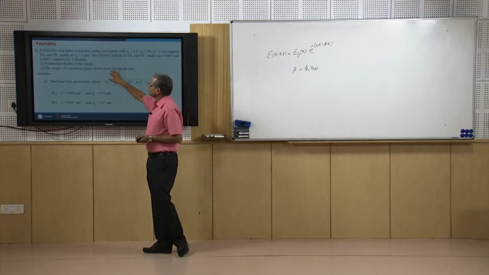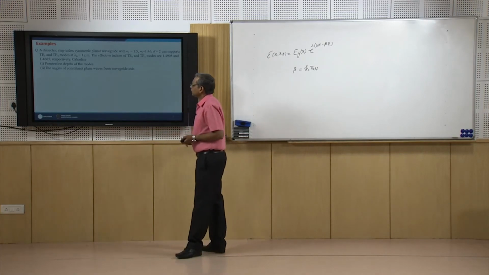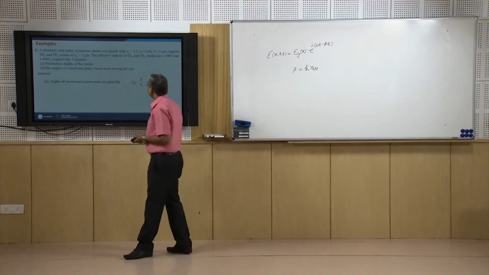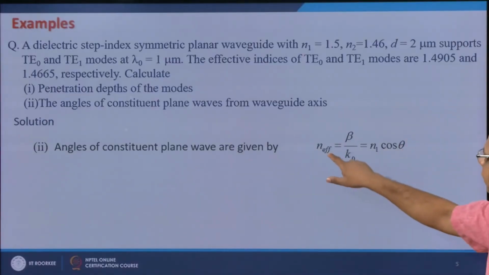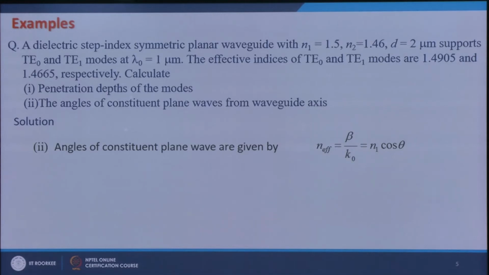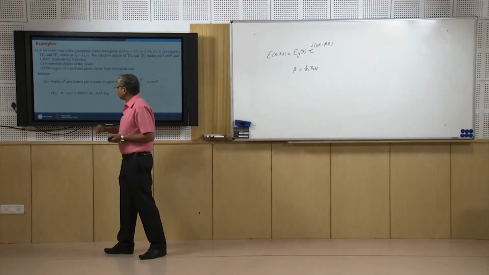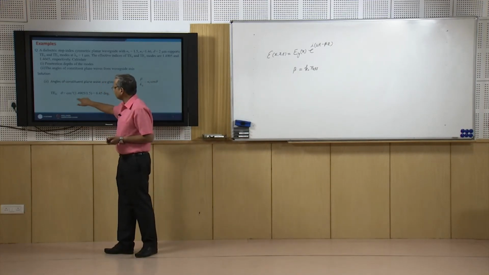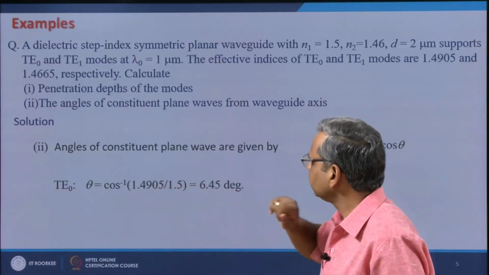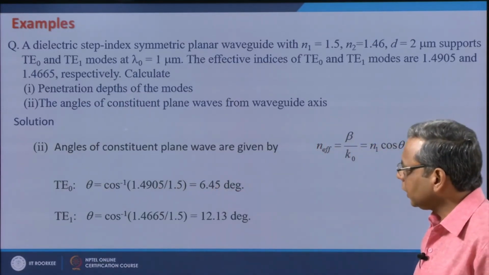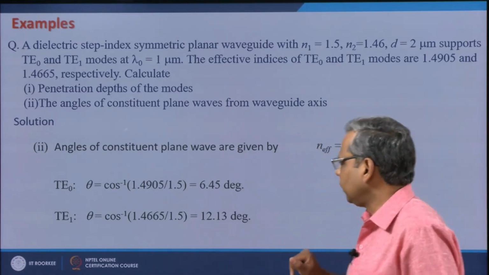What are the angles of the constituent plane waves from the waveguide axis? I know that these angles are given by n effective equal to n1 cos theta. So, for these values of n effective, I can immediately find the values of theta, because I know the value of n1 also. For TE0 mode, theta would be cos inverse of n effective over n1. So, it would be 6.45 degrees, and for TE1 it would be 12.13 degrees.